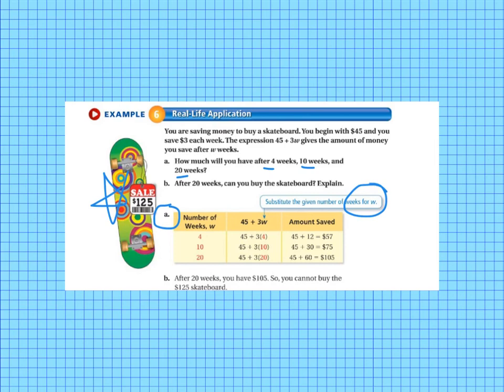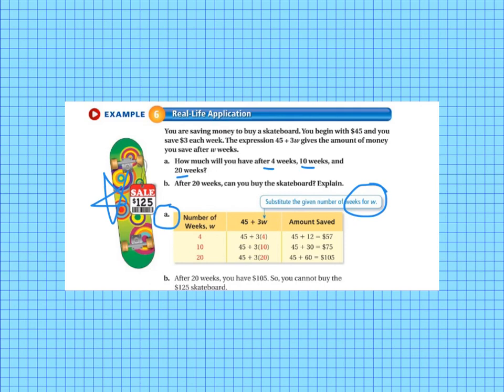So after 4 weeks, we saved the original $45 plus 3 times 4. So 45 plus 12 equals $57. After 10 weeks, we have saved the original $45 plus 3 times 10 weeks, which is $30, and that equals $75.